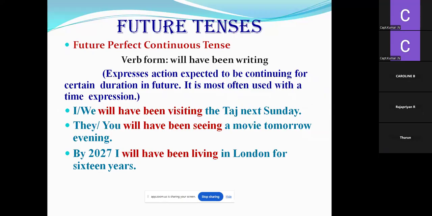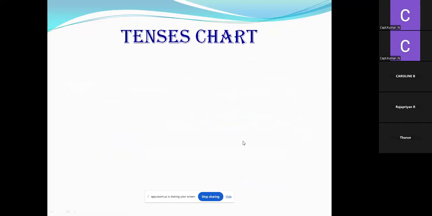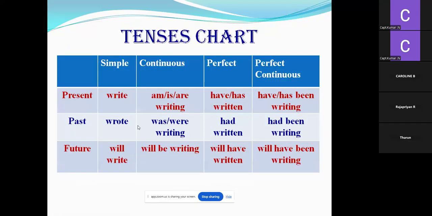So already I have been living in London, and by 2027, the 16 years will be going on. Next year, I will have been working here for 4 years. So this also clearly expresses the time duration.